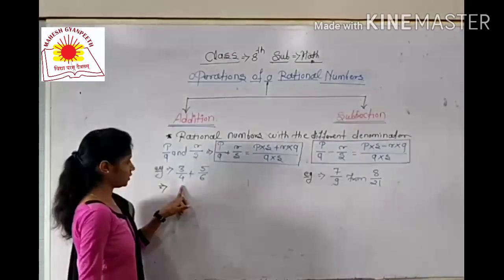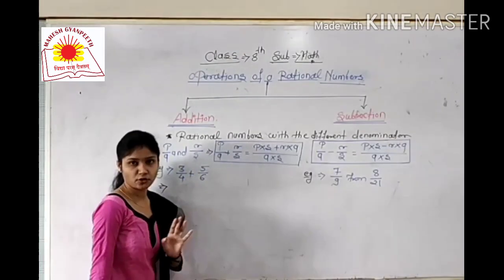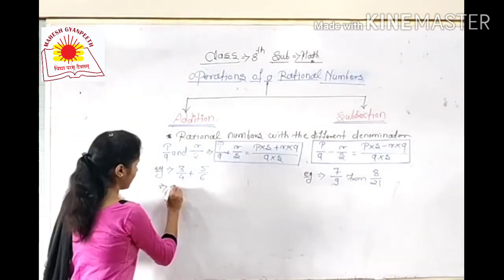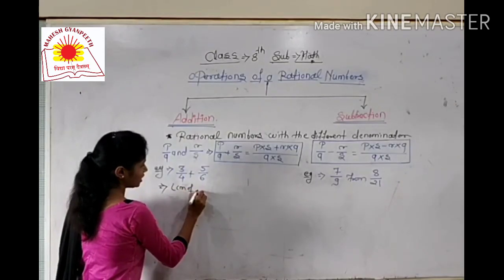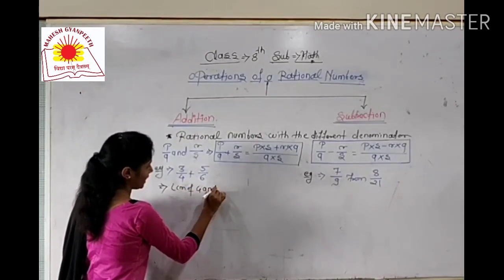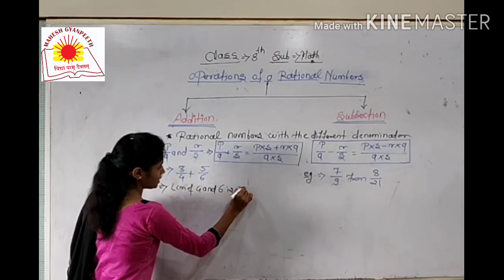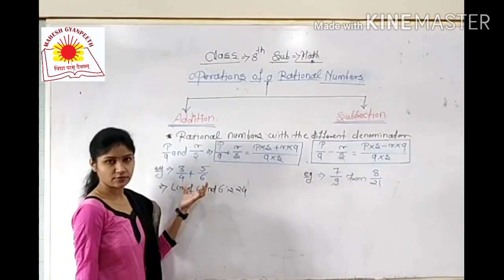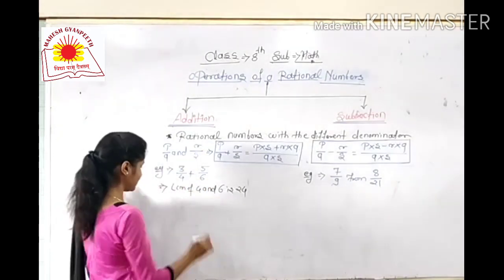3 upon 4 plus 5 upon 6, to be added using the LCM method. First we find the LCM of the denominators, 4 and 6, which is 24.